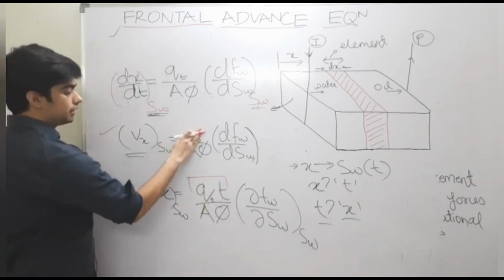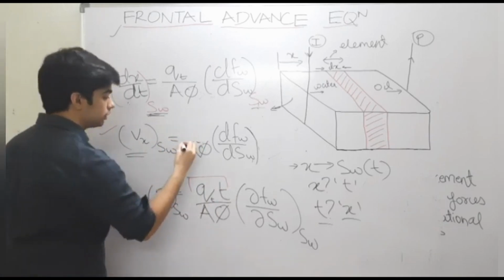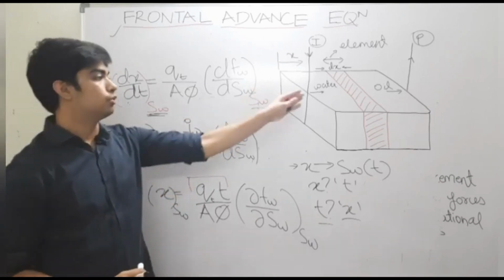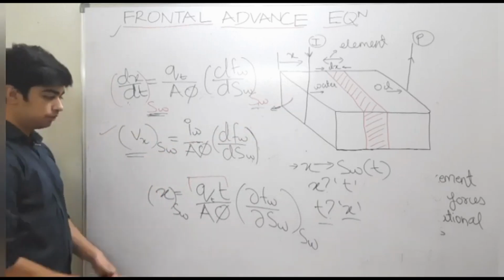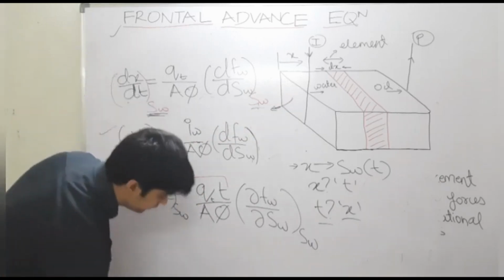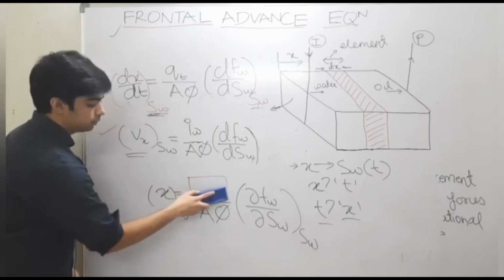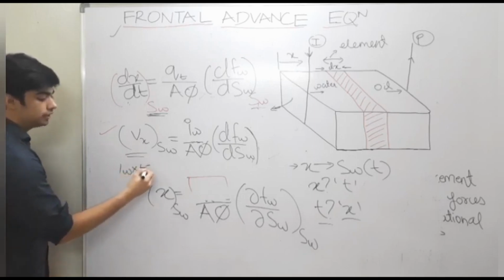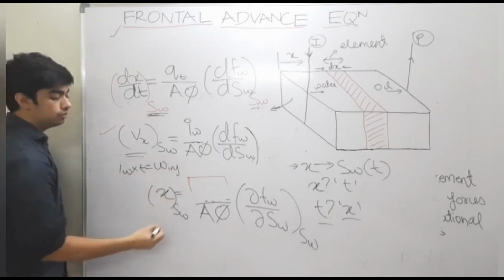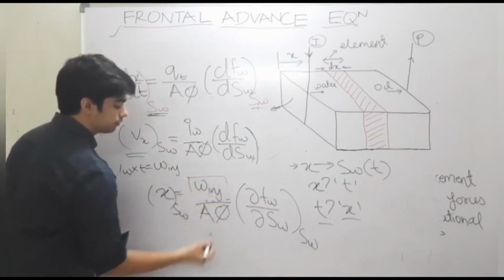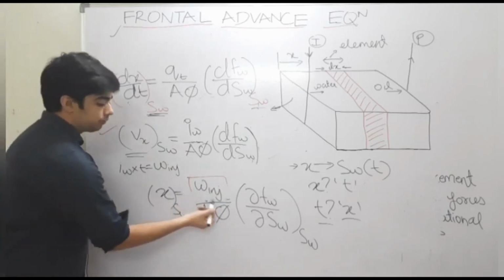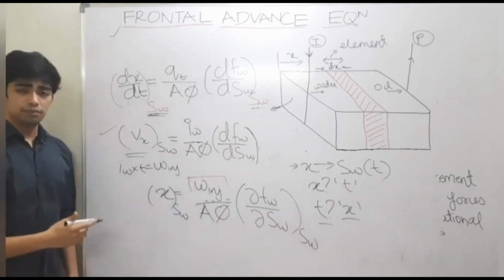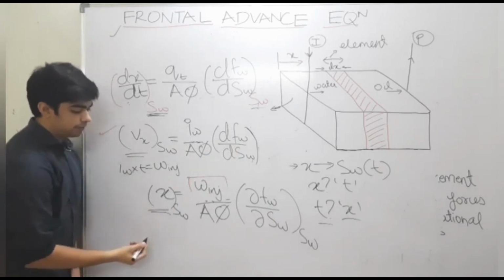Now QT can be replaced by IW, or injection rate, because injection is the only thing which is causing all of this movement. So if we replace QT by IW, this into T will basically give you the cumulative volume which is injected. So once you are able to calculate the amount of water you have cumulatively injected into your reservoir, you will be able to calculate the distance traveled by different saturations.